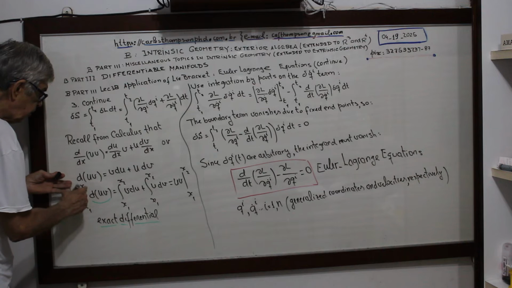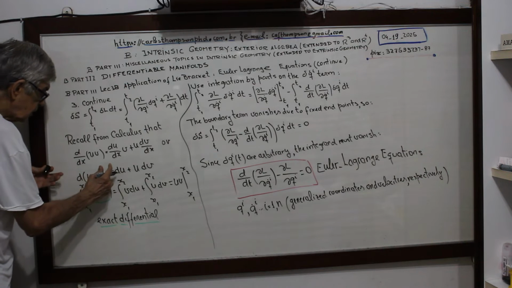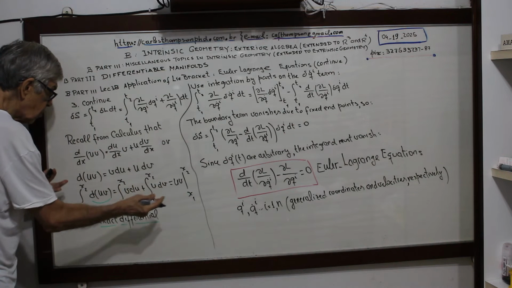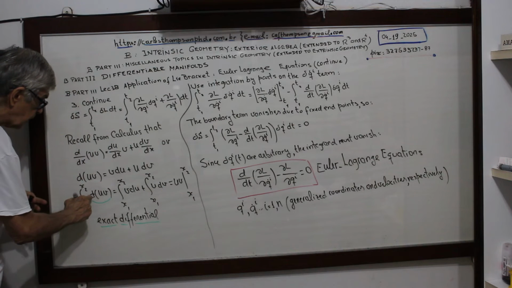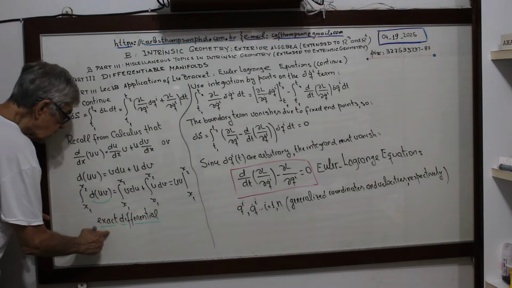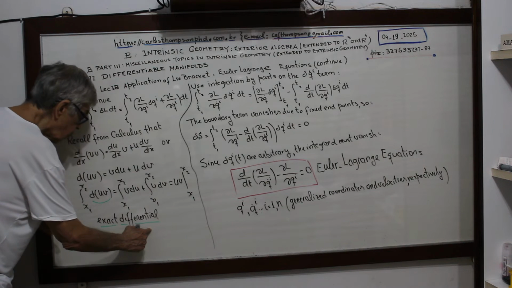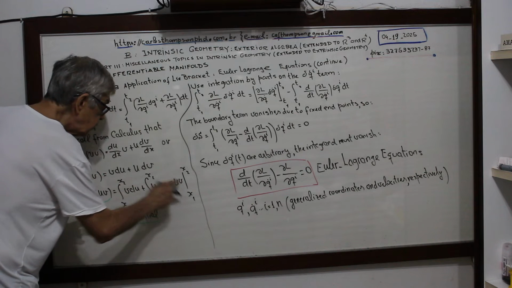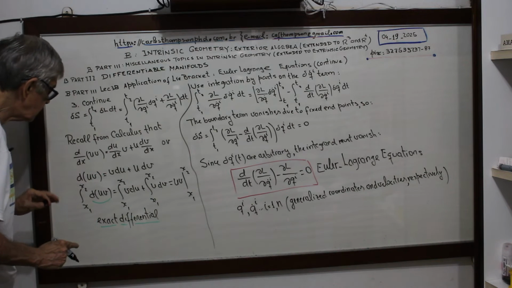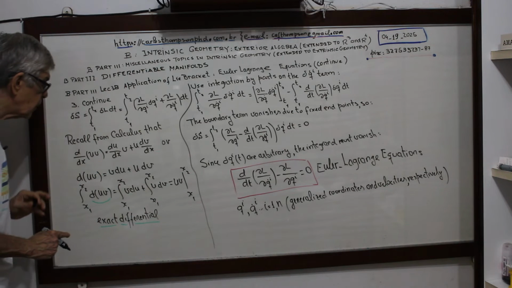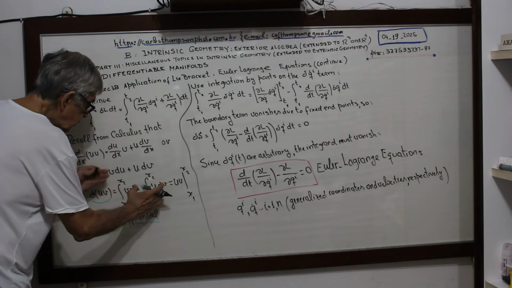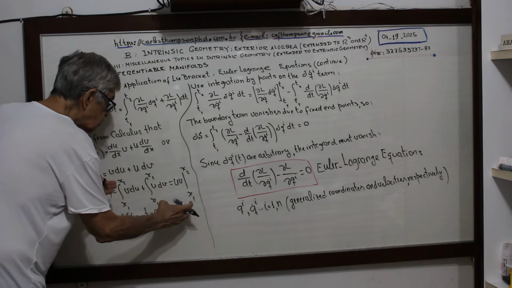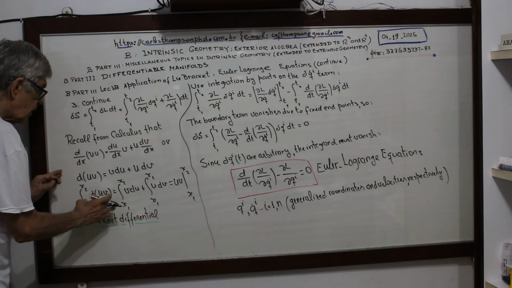Now, the integral of the left-hand side must be equal to the integral of the right-hand side, which are right here. But d of uv is an exact differential, whose integral leads to uv. So now this left-hand side is equal to uv at x2 and x1.